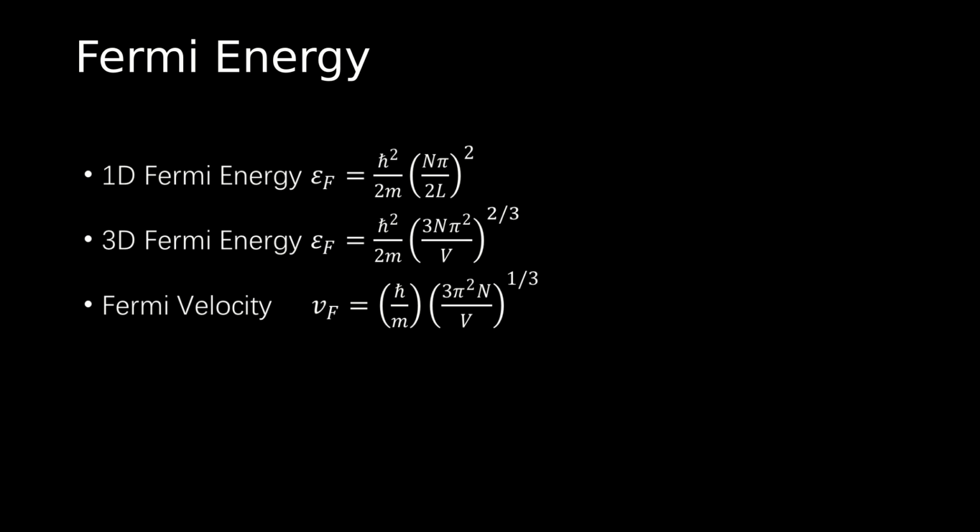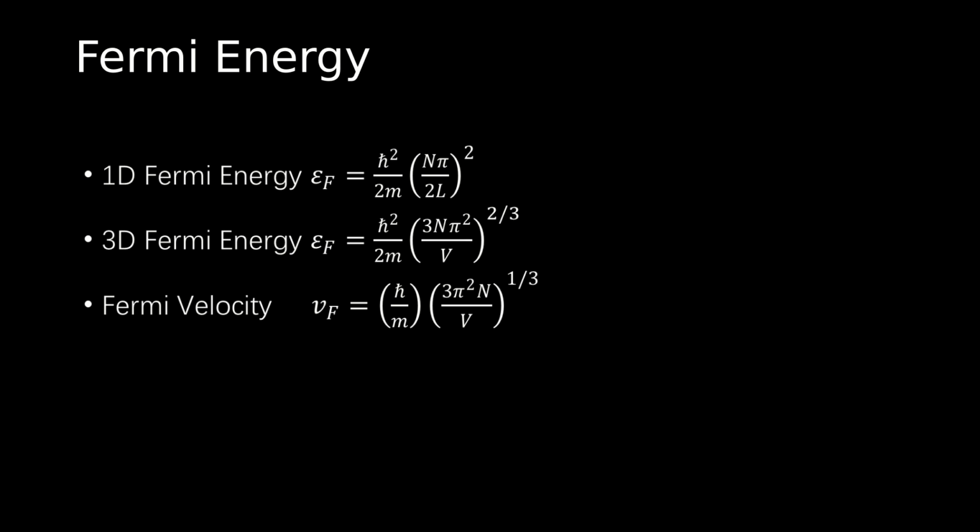L is the parameter for the area we're talking about for the electron, and N is the number of electrons in the system we're talking about. And similar to the 3D Fermi energy here, except we switched L into V, which is volume instead of length.